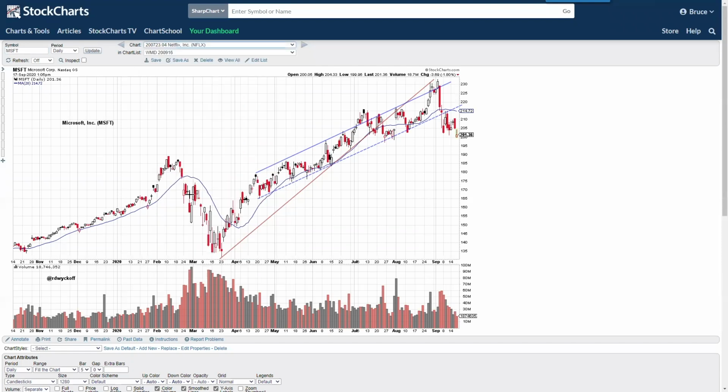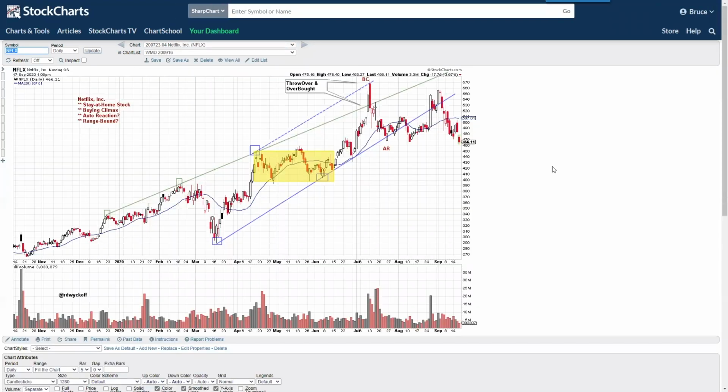So here's Netflix. Notice here, a big uptrending channel, normal use of trend lines. Look at this throw over in July. In the case of Netflix, it's turned from a true uptrend into a trading range in July with a throw over, an overbought condition, very much a buying climactic surge, automatic reaction, range-bound condition, secondary test.